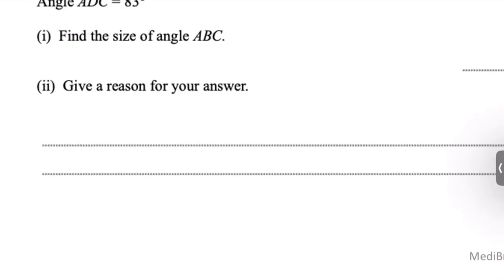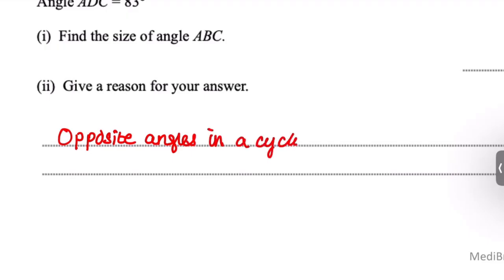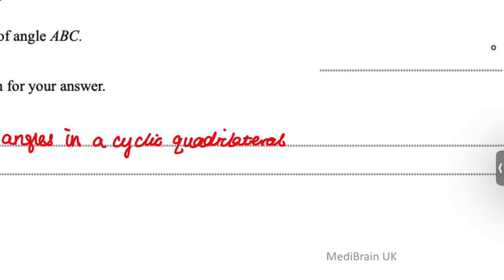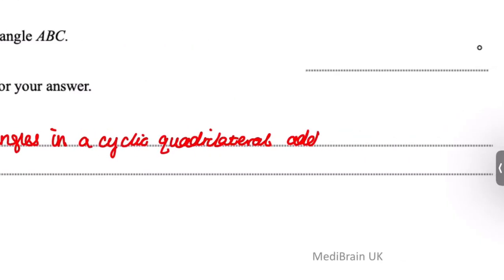Okay, so the reasoning would be opposite angles in a cyclic quadrilateral add up to 180 degrees.